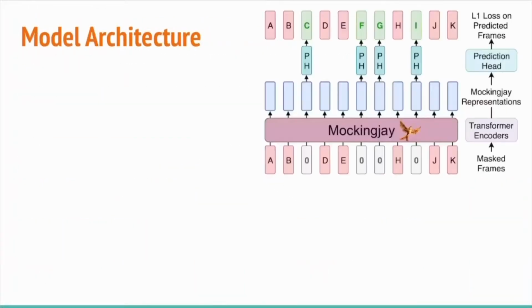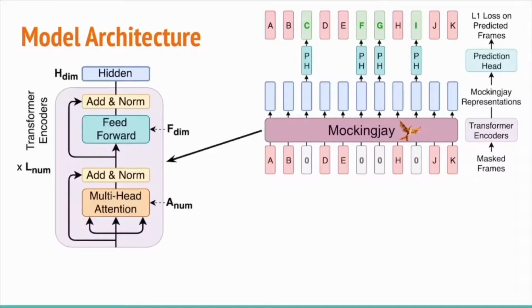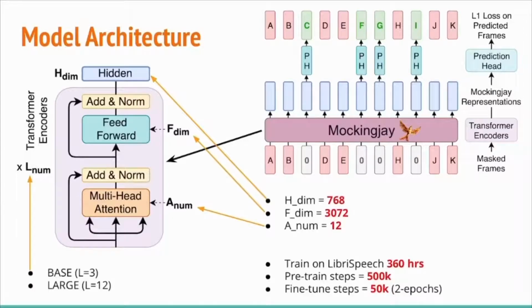I would like to go over some details about the model. At the left side, we illustrate a conventional transformer encoder block, which consists of multi-head attention, feed-forward network, and residual connections. Here we also list some of the parameters. The hidden dimension is 768 with a feed-forward dimension of 3072.